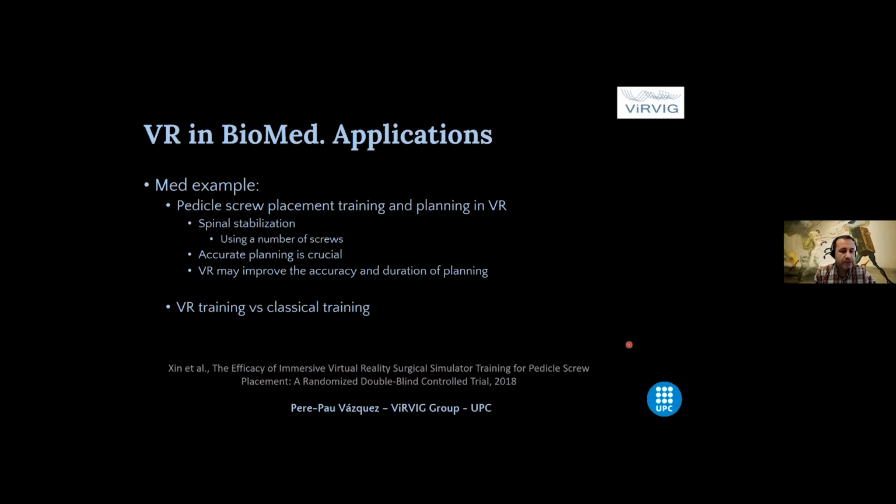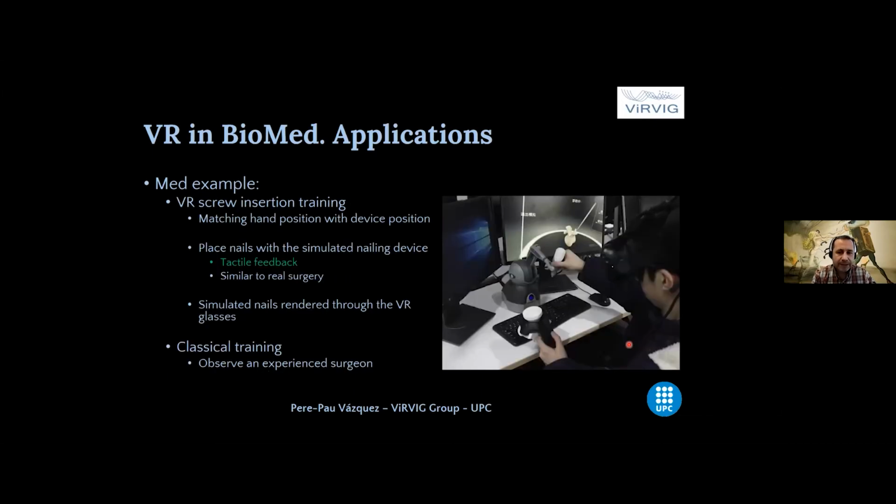experiment to see what's the difference in learning if we train a group of novice surgeons with a virtual reality application, and compare with the classical training that the other surgeons typically undergo. The idea is that they had this application. In this application, they have a haptic device that lets them have the feeling of the insertion of the screw. They also need a couple of initial calibrations in order to get the positions of the two elements and the position of the user.